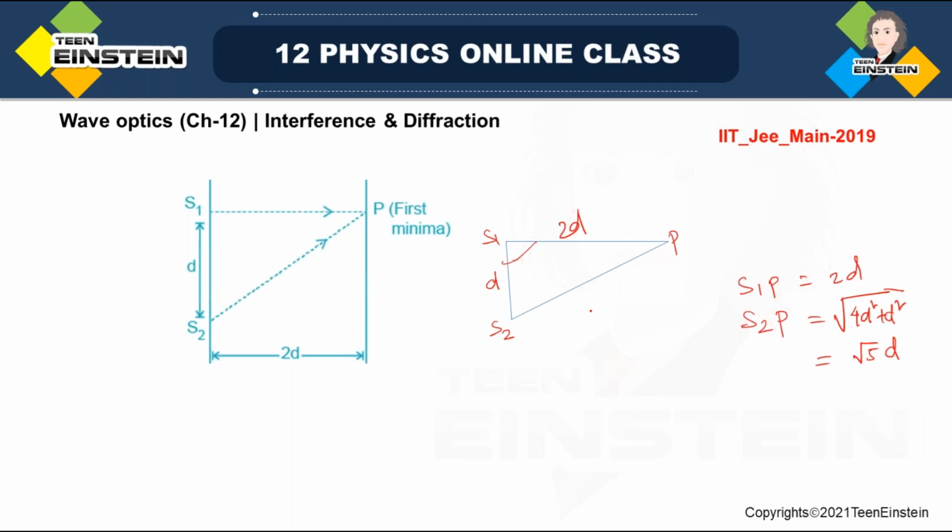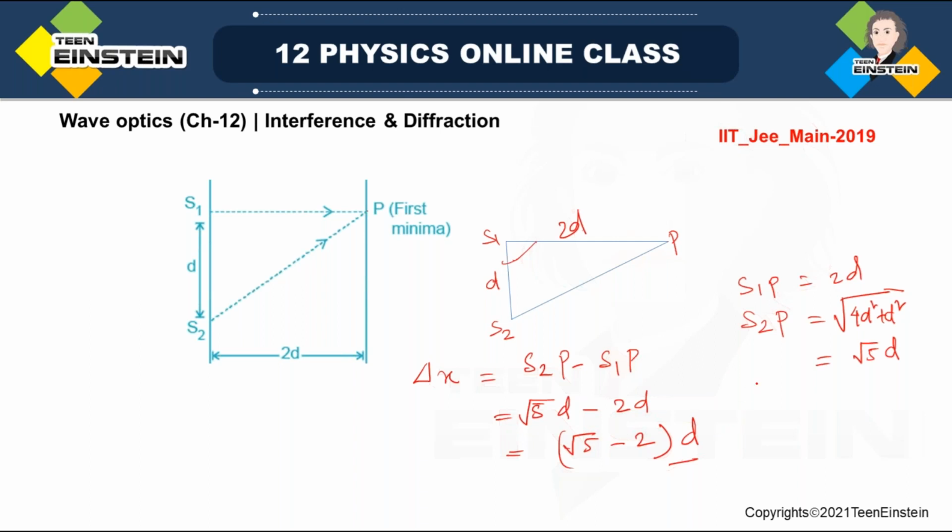Now, delta x will be S2P minus S1P. What is S2P? S2P is square root of 5 D. What is S1P? S1P is 2D. From here we can take D common, so square root of 5 minus 2, whole into D. This is the path difference, and for first minima to occur over here, this path difference is equal to lambda by 2.